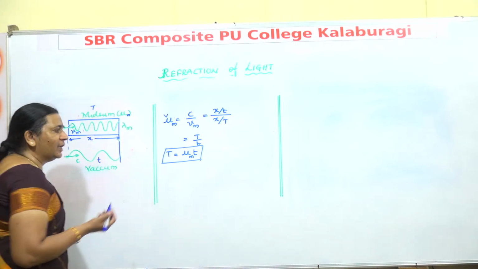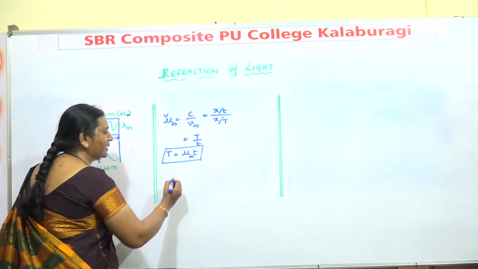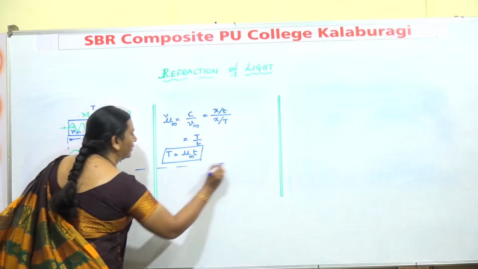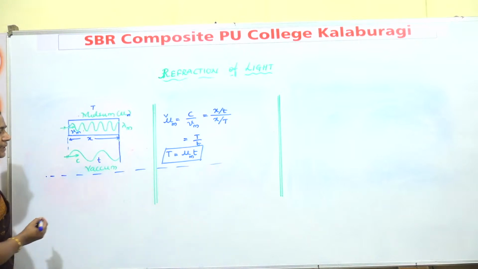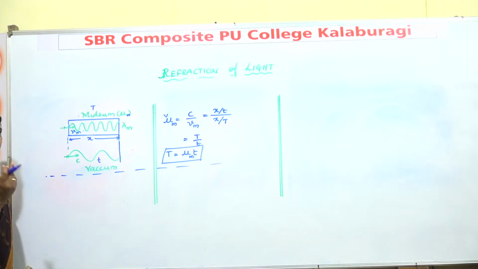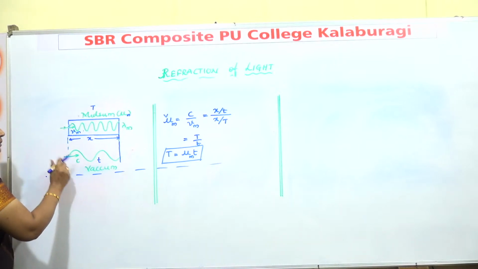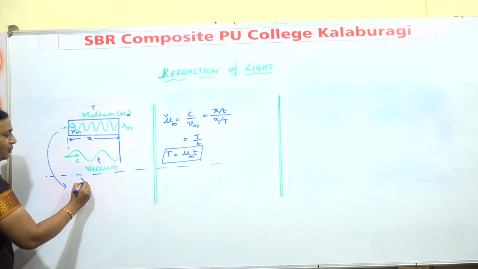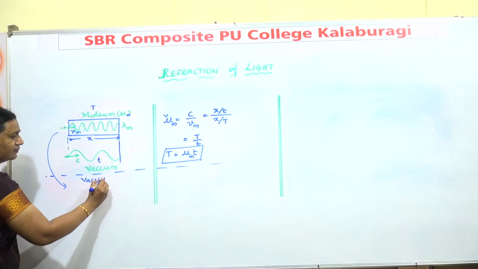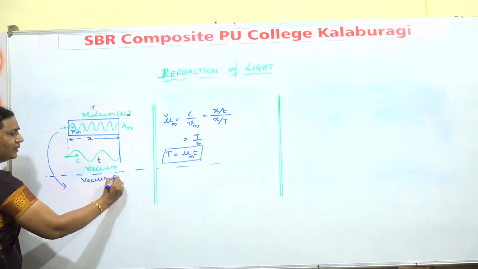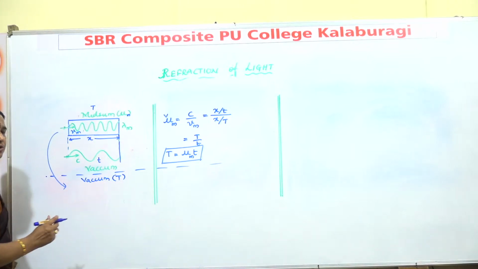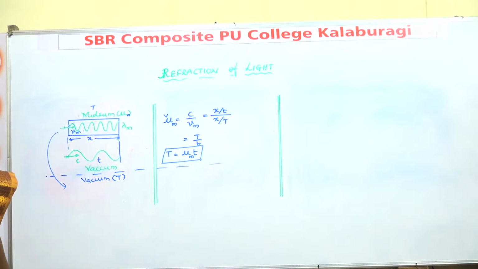So we are going to keep different conditions here. I am taking the second case; this is your first case. What I am doing is, I will give the same time for light to travel, but in the vacuum. So in the vacuum, in the same time capital T, ultimately it is going to travel a very large distance.